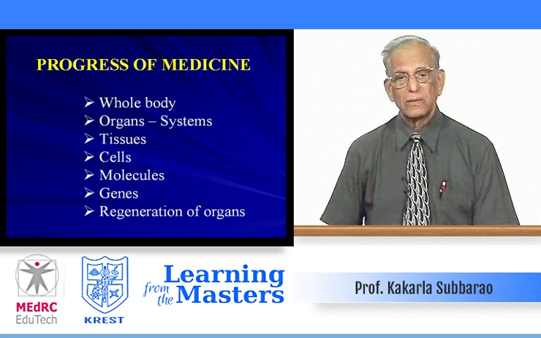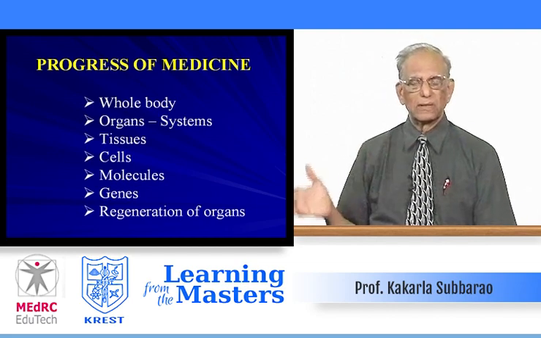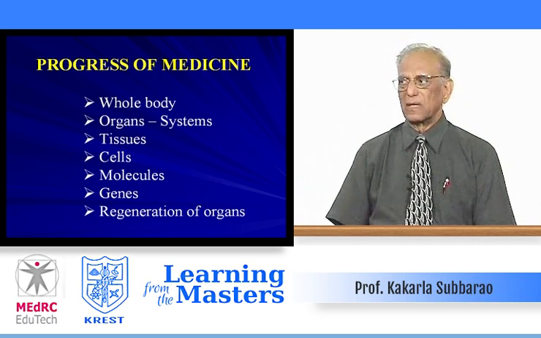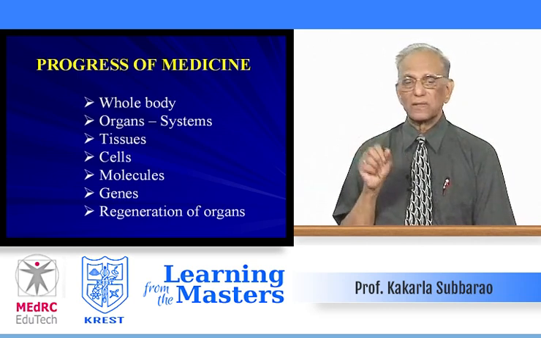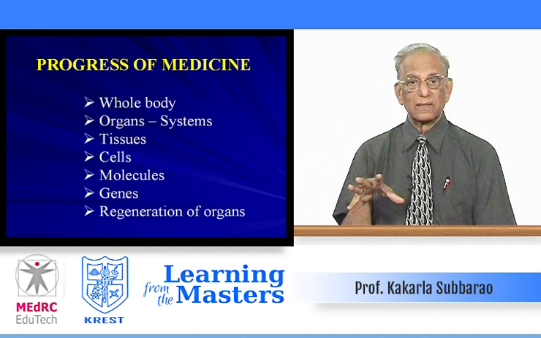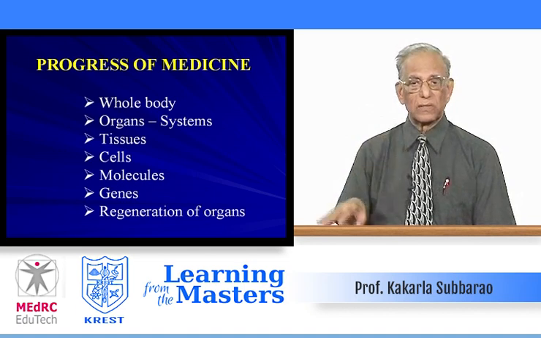Progress of medicine. At one time, we used to study the whole body in order to make a diagnosis. And then organs, specific organs, cardiac, renal, liver, brain, and systems, neurological systems, cardiovascular systems, genitourinary systems, musculoskeletal systems.